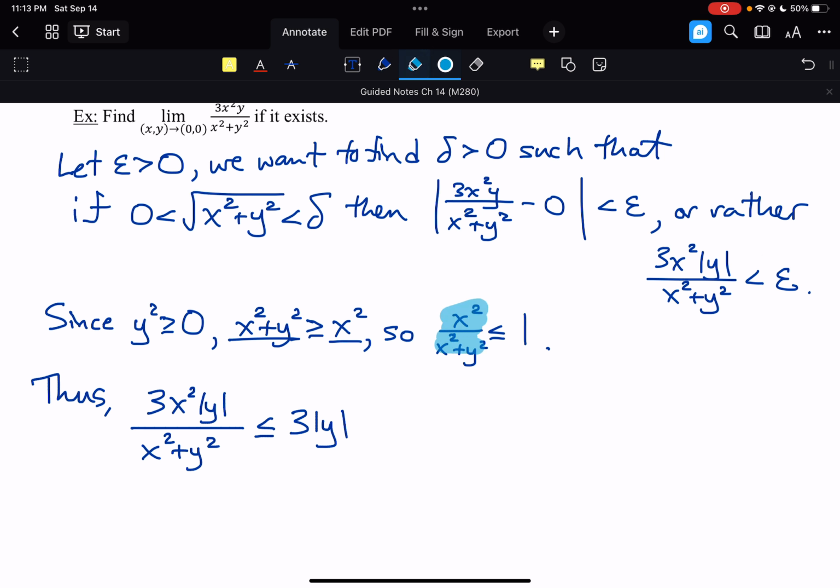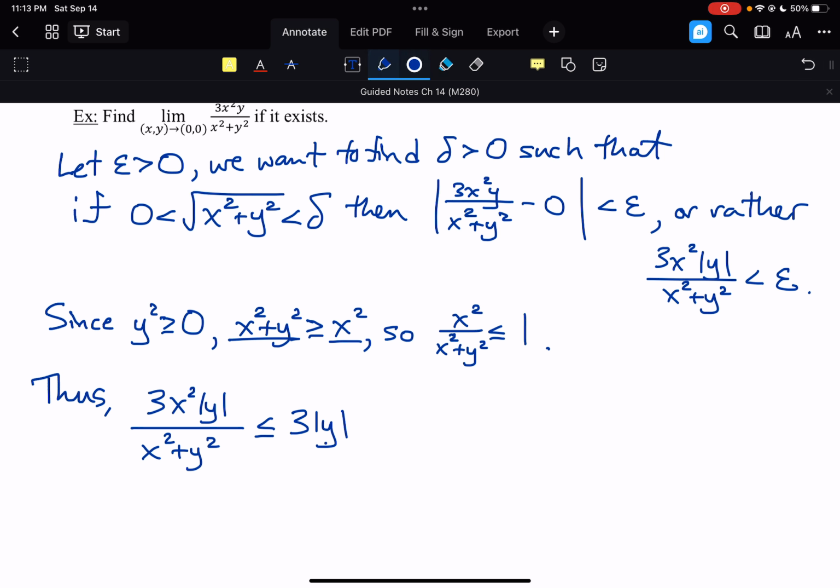So again, I took this and multiplied both by 3 absolute value of y. It's not as big of a concern that you could come up with these steps, but more that you can follow the logic of them as we're doing it. So that gets us to here. Now this expression is this expression, and we're trying to show that this can be less than epsilon. If we can get that result, then we're done.